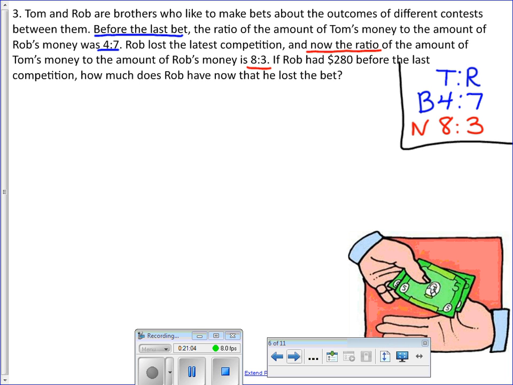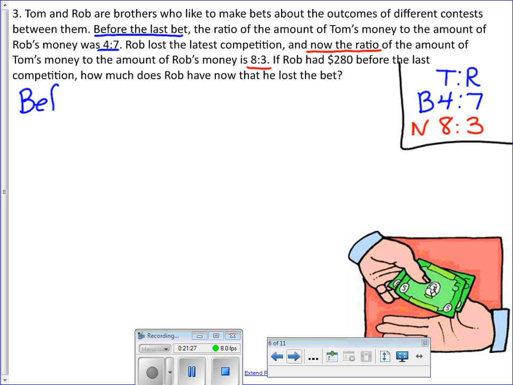So now that we have, anybody not sure where those ratios came from? What does the N stand for? Now. They use now. I would have said after or use different days, but so before and now. I just pulled the information right out of there. So now let's draw our ratios. Be very careful to label them.